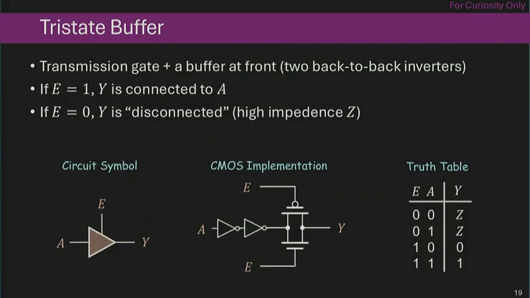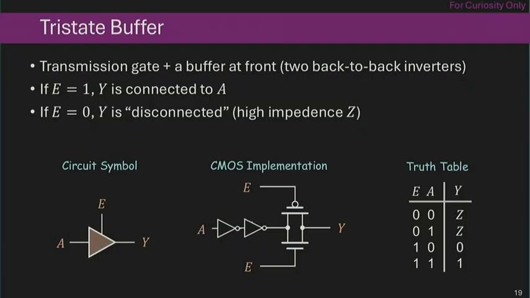Again, this is on the purple slides. Don't worry about it if you don't want to deal with CMOS technology. You can put down two additional inverters before that transmission gate to build a tri-state buffer. Logically, these two inverters don't do anything: you invert the signal twice, and by involution you get back to the original signal. But that improves the strength of the signal.